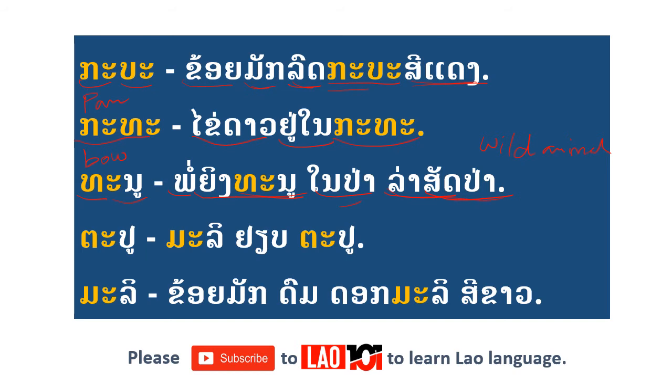Dad shoots the bow in the forest in order to hunt wild animals. It just makes a rhyme in the Lao language.